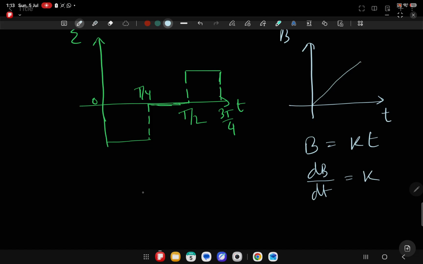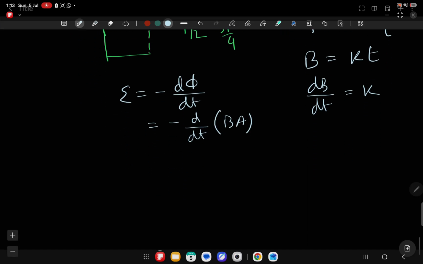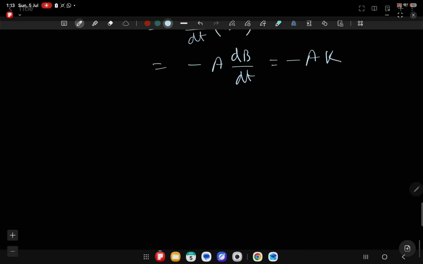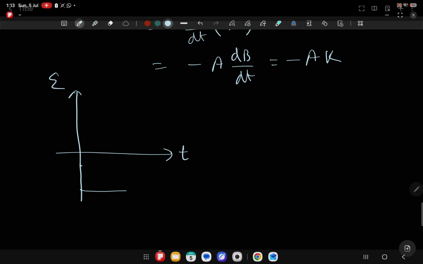If you consider phi, epsilon is minus d phi by dt, so it is minus d by dt of BA, so epsilon will become minus A dB by dt. So it is minus Ak. So for this graph the epsilon versus t graph will be like this. It's negative and constant like this. Okay, fine.